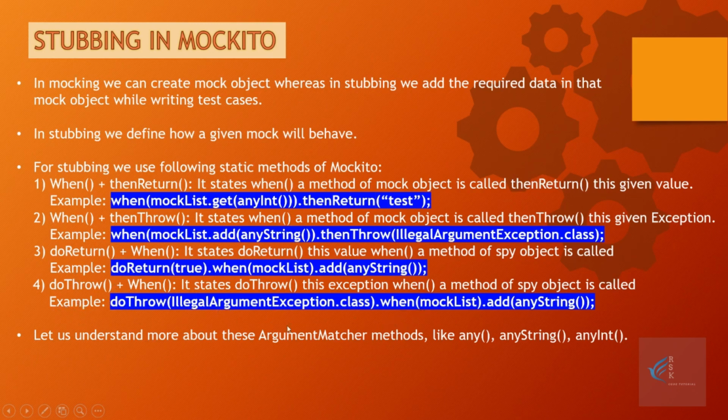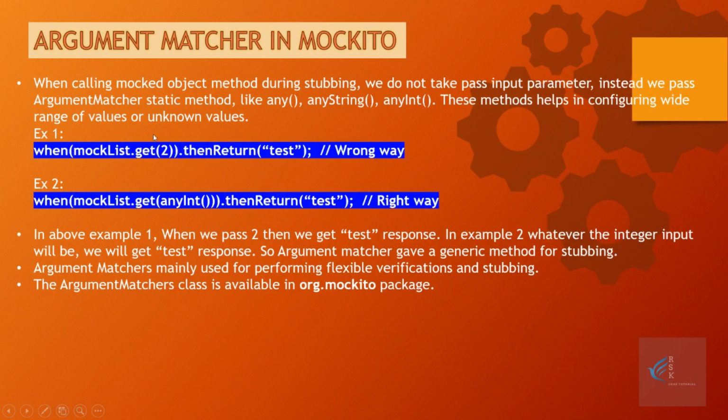Let us understand more about these argument matchers we are using during stubbing, like anyString and anyInt. What are these argument matcher methods? In Mockito, when calling a mock object method during stubbing, we do not pass a specific input parameter.